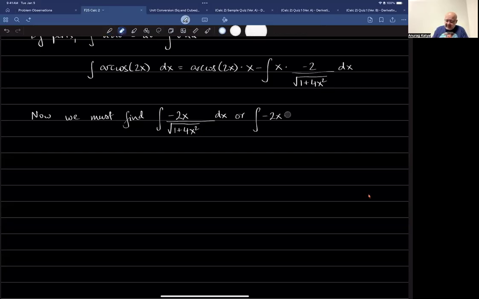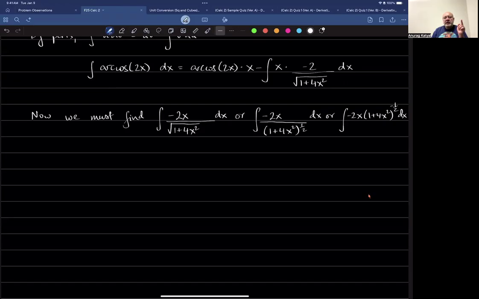I guess I'll show you the intermediate steps. Rewrite it as 1 plus 4x squared to the 1/2, and move it to the top. So negative 2x, 1 plus 4x squared to the negative 1/2 dx. So I take the square root, I rewrite it as 1/2 power, and then I move it to the numerator.